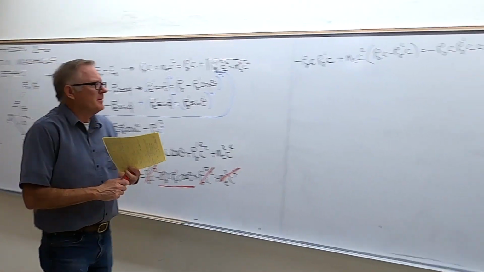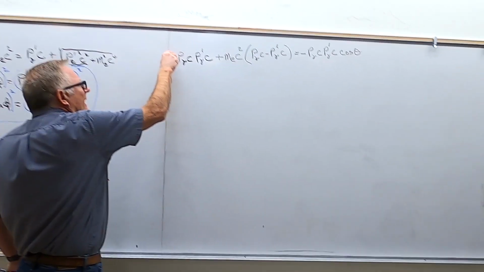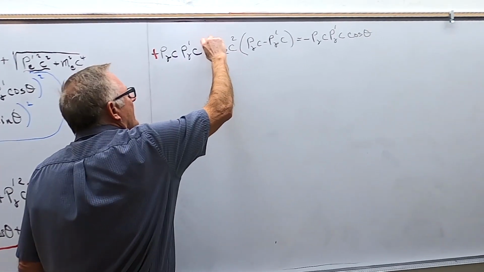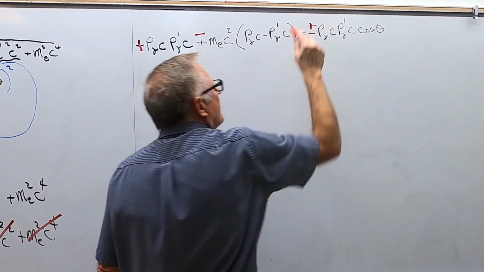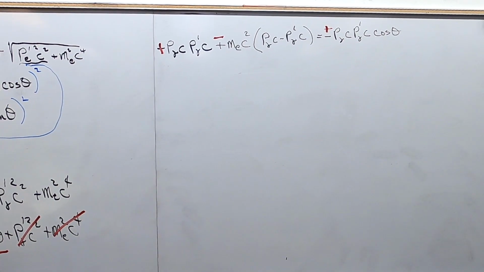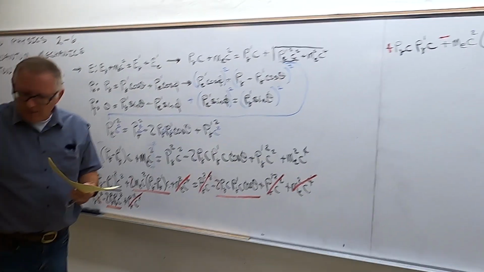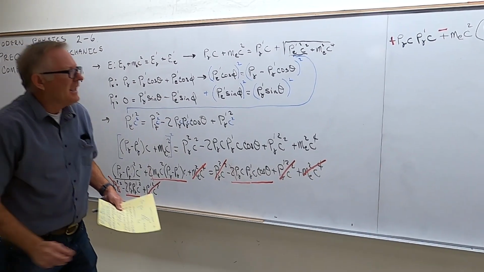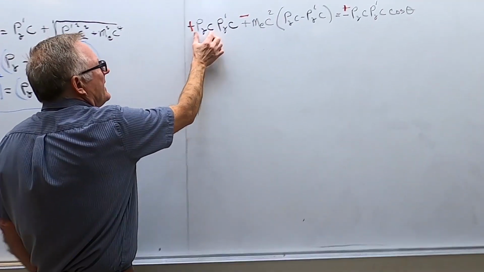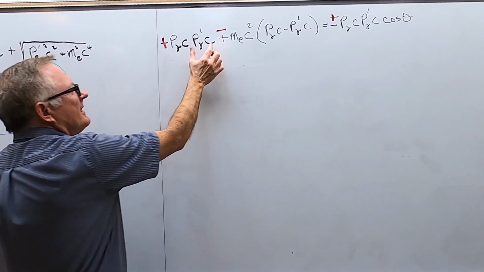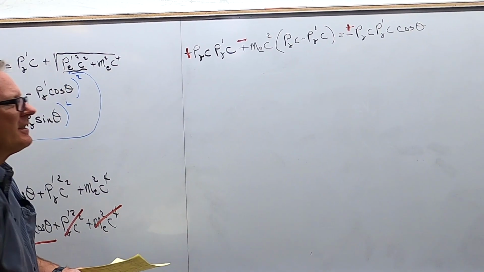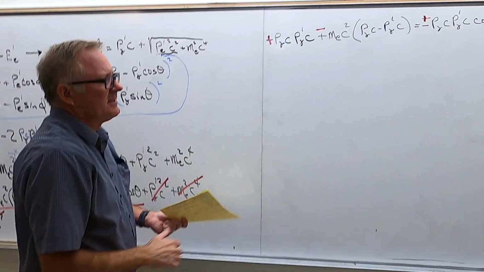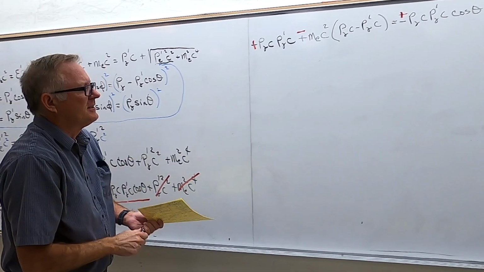I think that might be better if I make that a plus, make that a minus, make that a plus. Also, E gamma is just P gamma C, because there's no mass, and that's just E gamma prime. So I can turn all my PCs all the way through into E's.